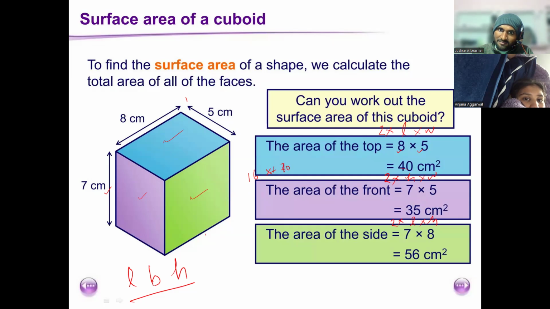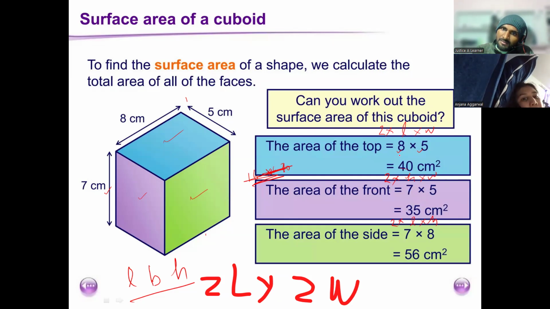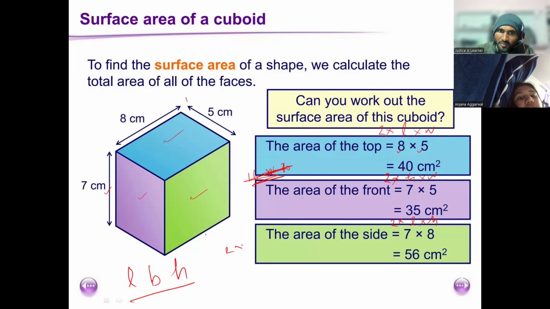You mean that? No, I meant if this is equivalent to 2L into 2W. No, if we are doing this, something else will happen.